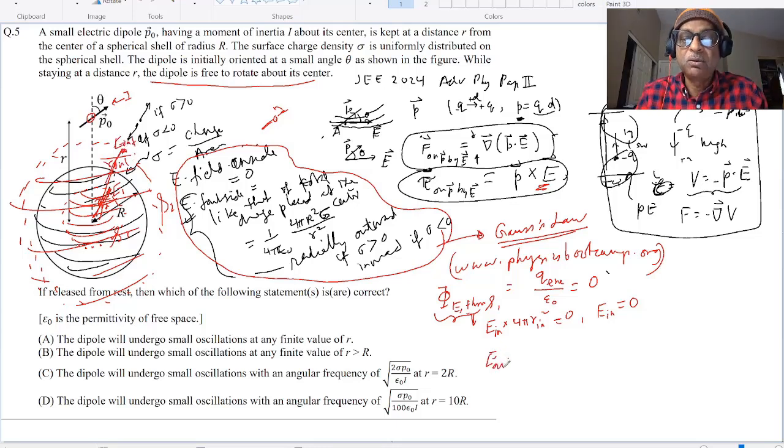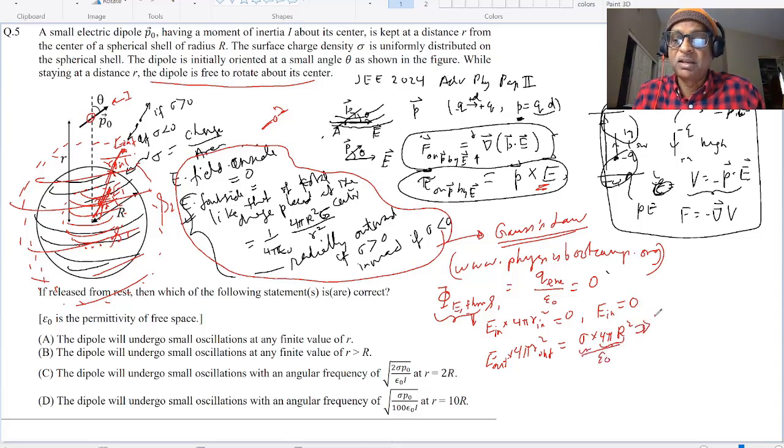So E out times 4 pi r out square will be, now it's the entire charge enclosed. So it's sigma times 4 pi R square, the area of the shell times the charge density, the whole thing enclosed, over epsilon naught.